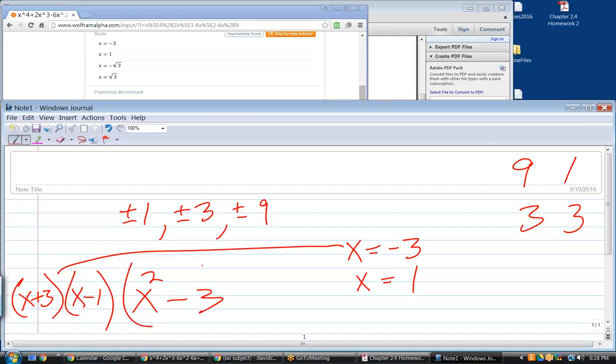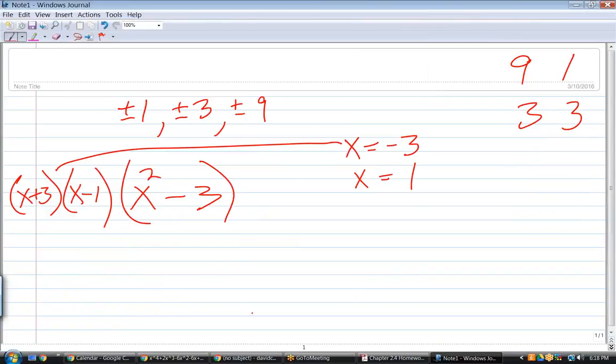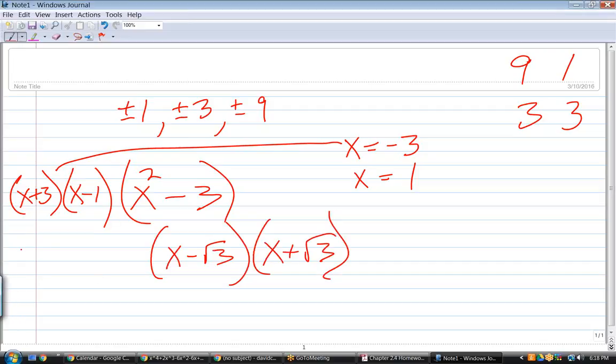And then we're going to have that. Well, in this case, that is not an irreducible quadratic. We can reduce that. It's only irreducible if it has complex solutions. This one reduces to x minus square root of 3 and x plus square root of 3. And so there are our 4 linear factors.